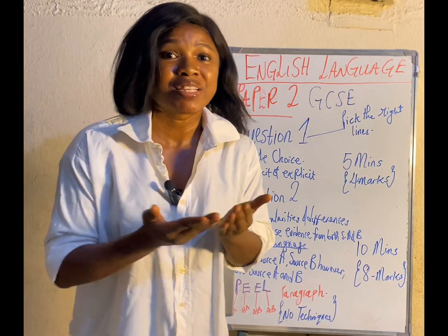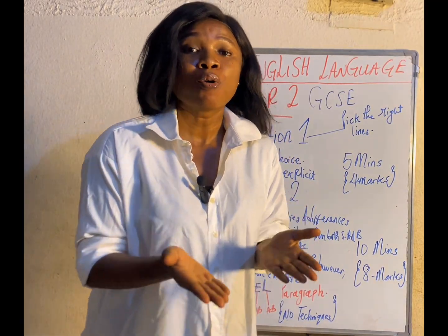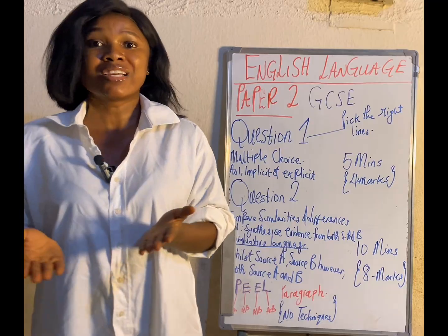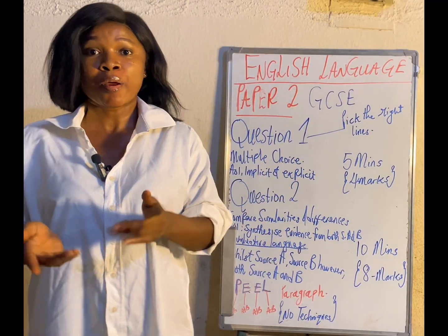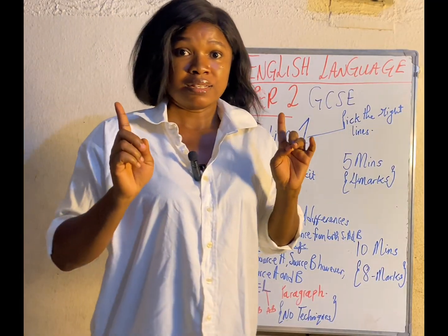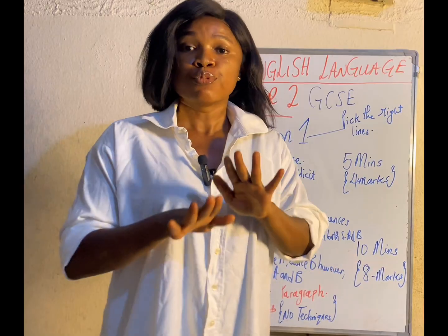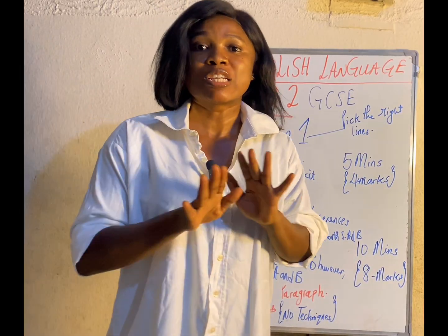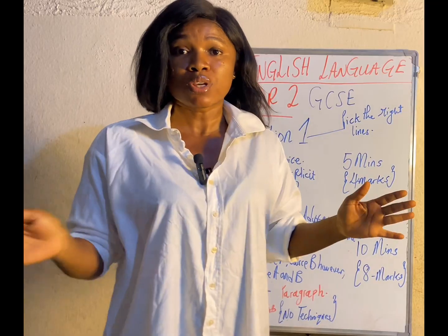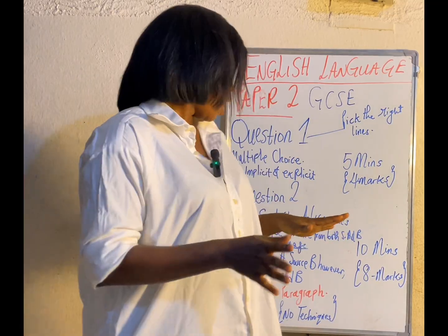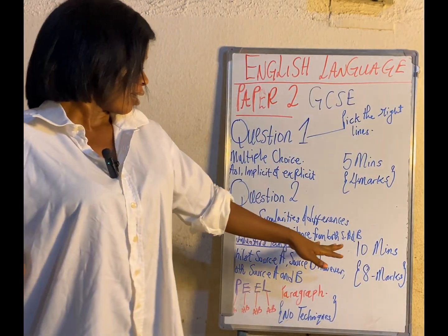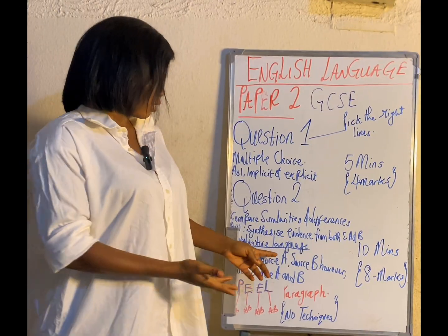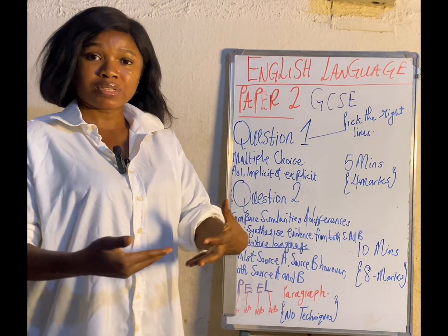Remember to integrate them. You are talking about how source A and source B are different or how similar they are. Now remember, this is not a technique question. No technique. We're going to get to that when we go to question 3, but this is not a technique question. Just talk about how the 2 sources are different or similar, and you will be awarded 8 marks. You can use words like 'whereas' or 'however' to compare.